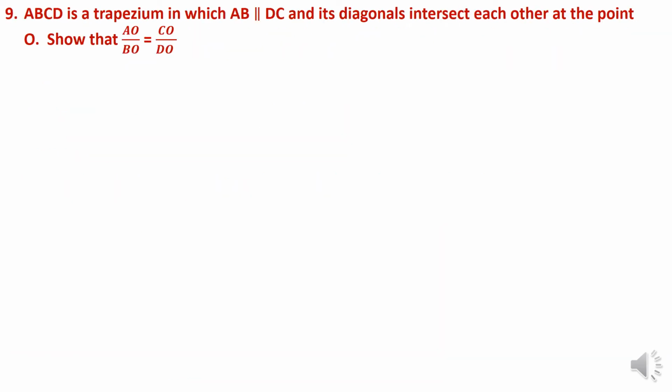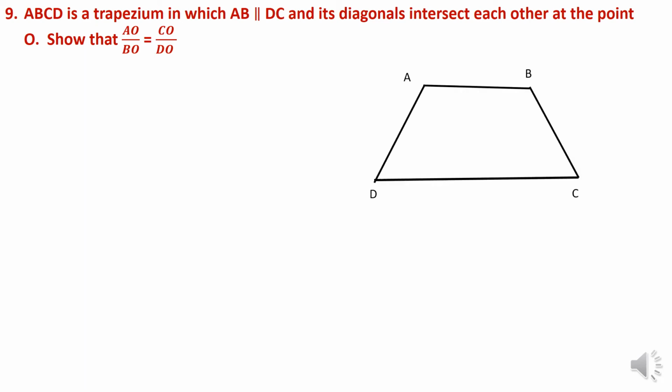Ninth question is, ABCD is a trapezium in which AB is parallel to DC and its diagonals intersect each other at the point O. Show that the ratio AO upon BO is equal to CO upon DO. What is given in the question is, ABCD is a trapezium in which AB is parallel to DC and its diagonals intersect each other at the point O. So consider a trapezium ABCD in which AB is parallel to DC.